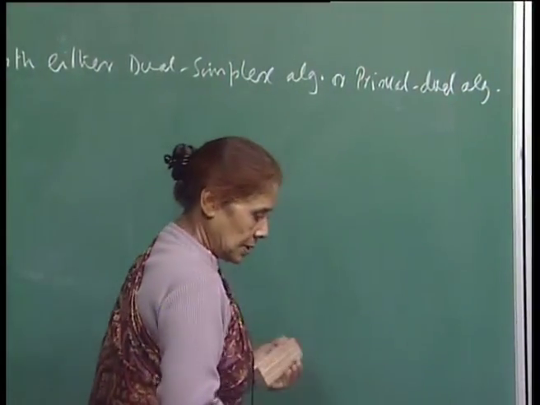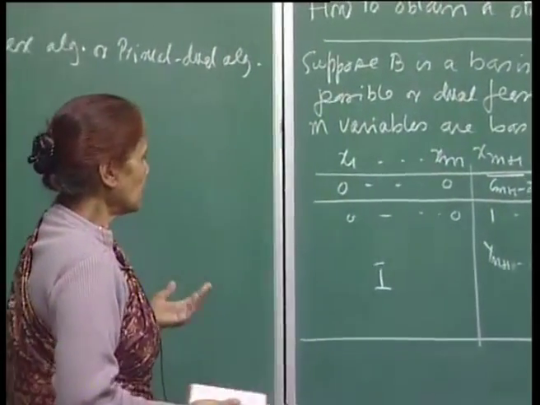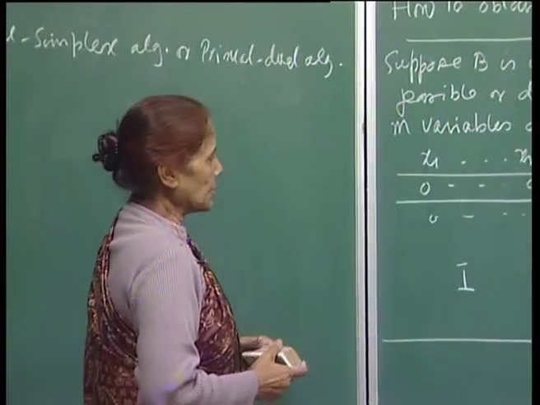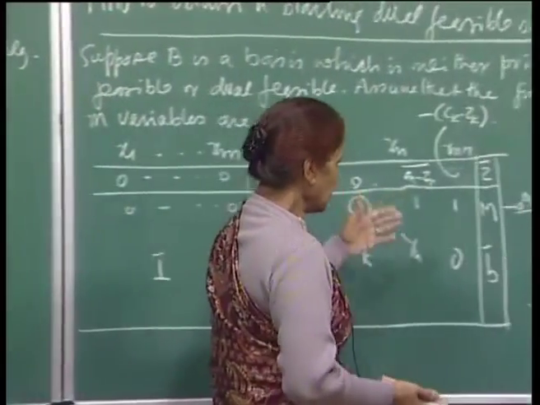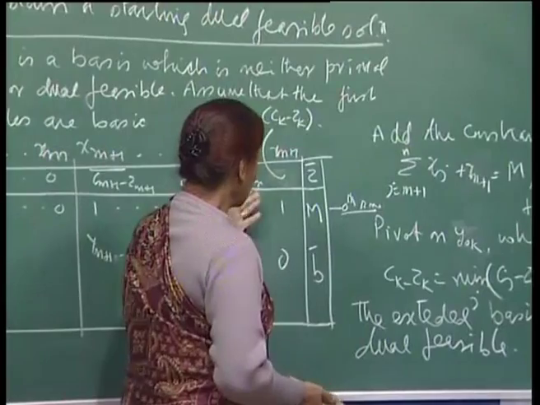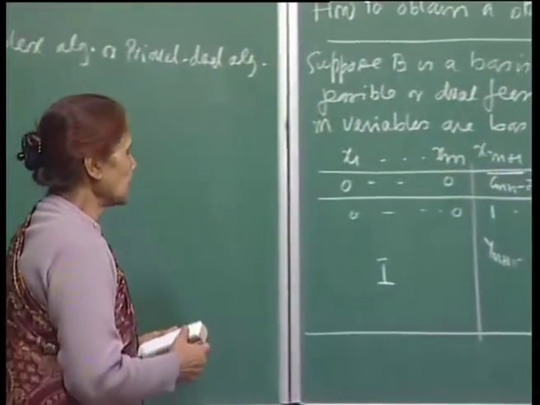Right. Once you have a starting dual feasible solution, you can begin either the primal dual or the dual simplex algorithm, right. Okay. But remember, you have a different problem, because you have added a constraint, and so your basis size is extended.